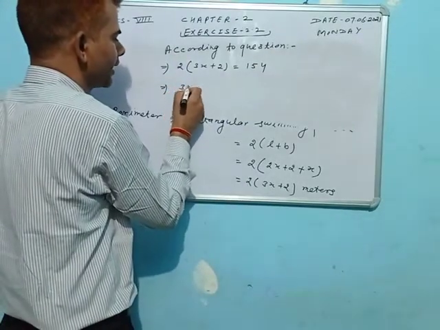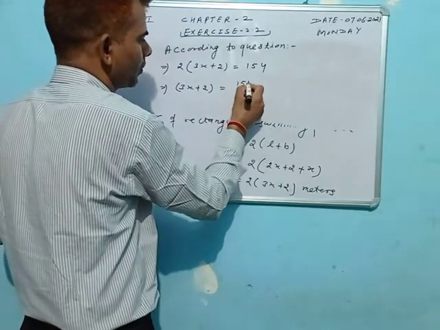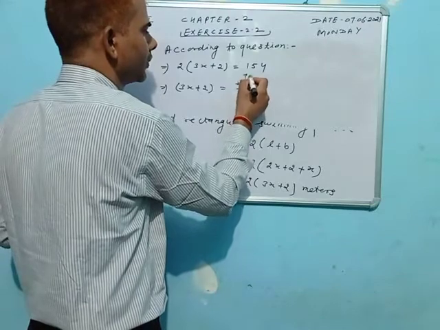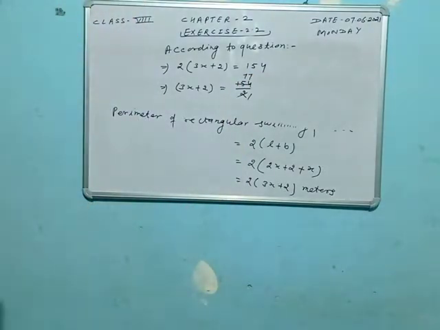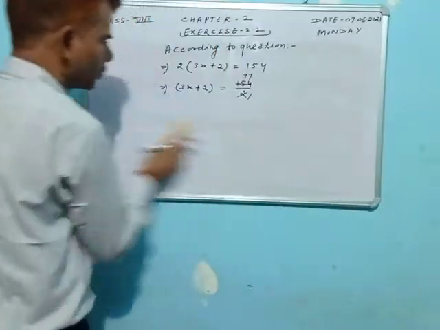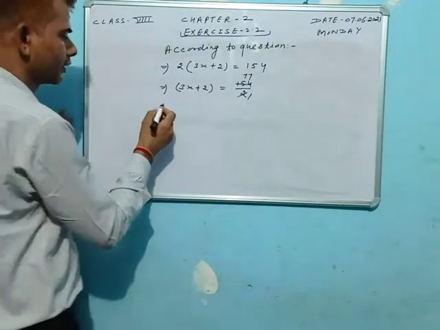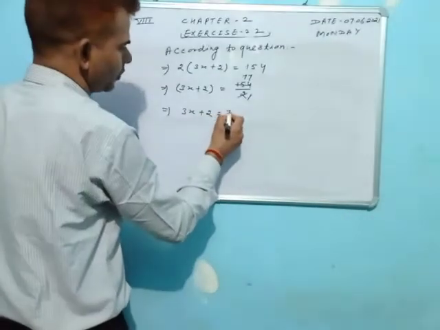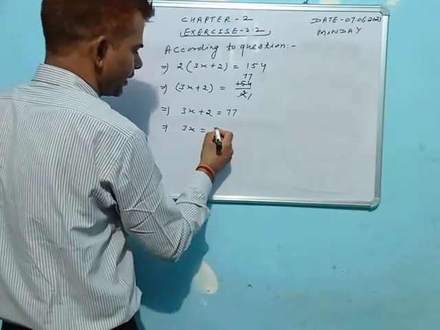Now this will become 3x plus 2. 154 divided by 2 is 77. Now 3x plus 2 is equal to 77.